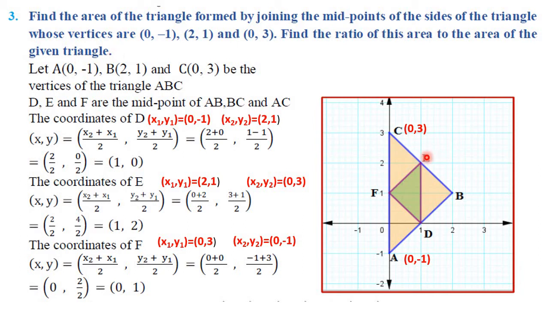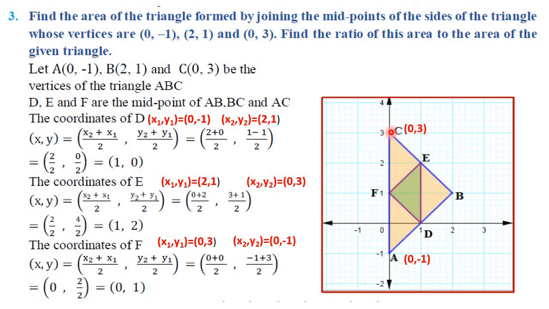Here, see students, all points are marked in the graph sheet. So these are the vertices of the triangle. This is the given triangle, A (0, -1), B (2, 1) and C (0, 3).